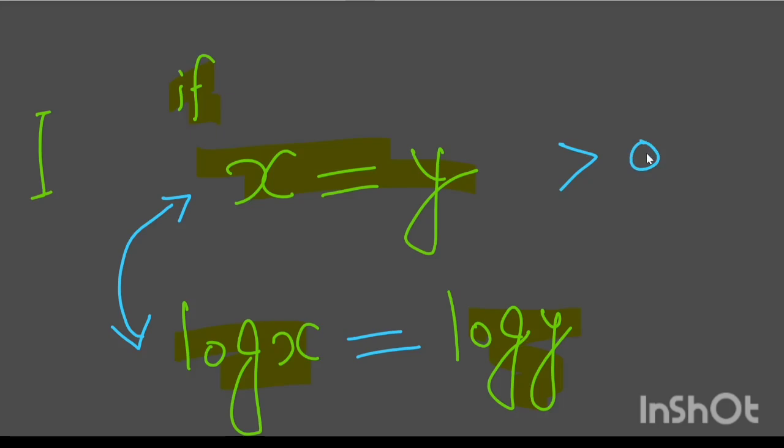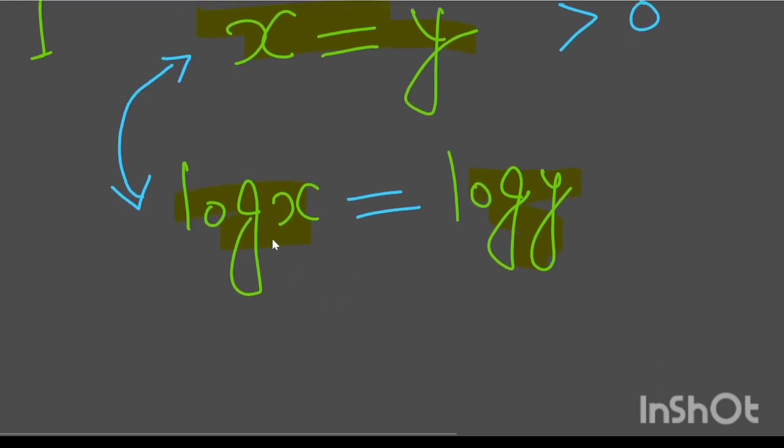And why is it true? Because log is a function, and it will give the same value. If x and y are the same, then its value is also the same. We can prove it by a graph also, or otherwise this is the property.